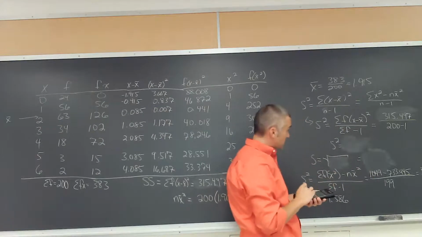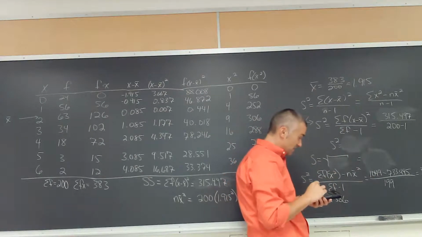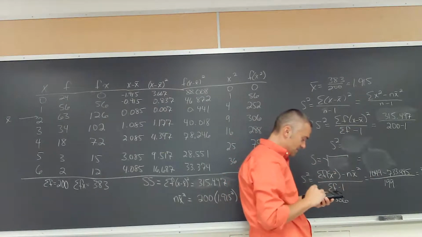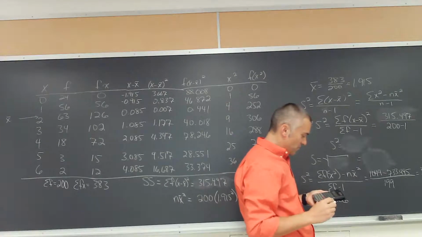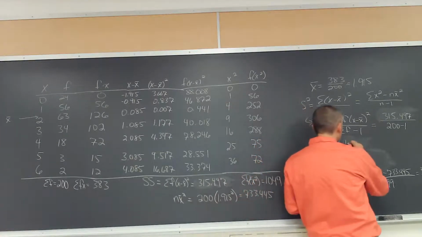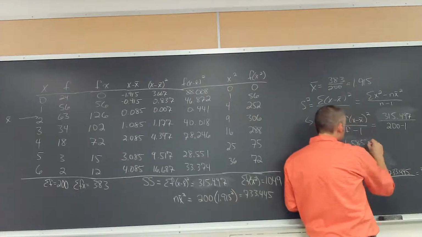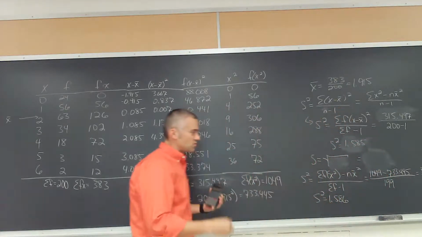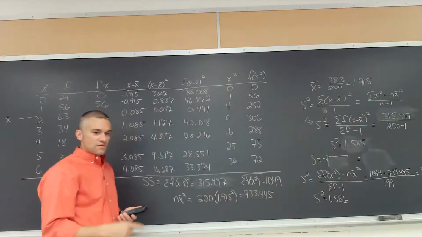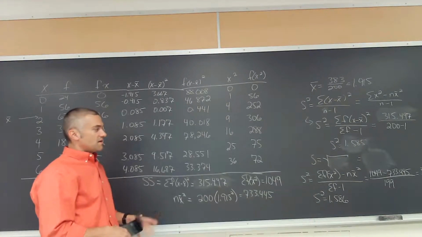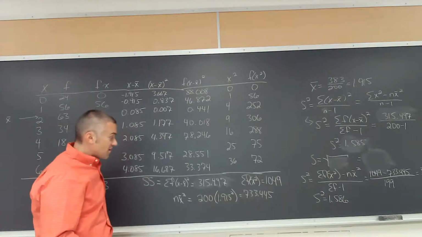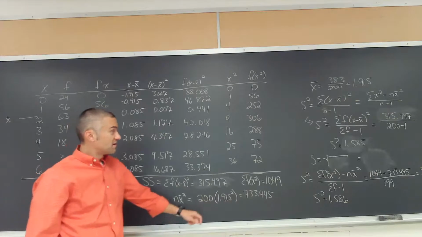If I do this other one, 315.497 divided by 199, I get 1.585. And then square roots. So the difference was rounded. All right? Difference was rounded.